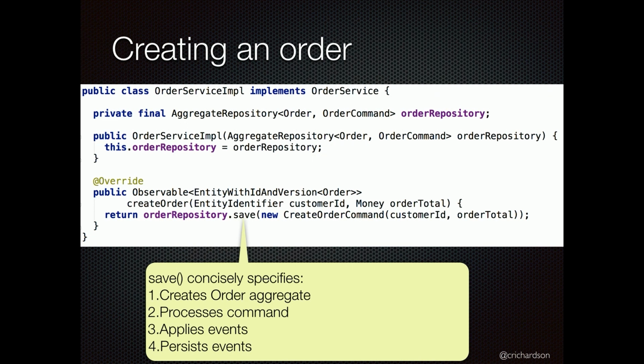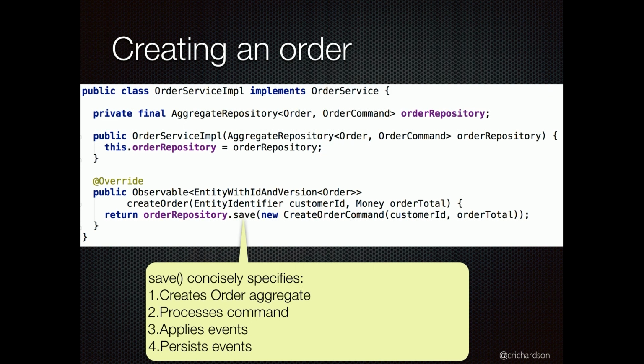And it's actually written in terms of a helper class called aggregate repository. That's a parameterized type, and it takes two types: the aggregate type, which is the order, and the command type, which is order command. And it has methods such as save. What the save method does under the covers is create the order aggregate, process the command, apply the events, and then persist the events in the event store.